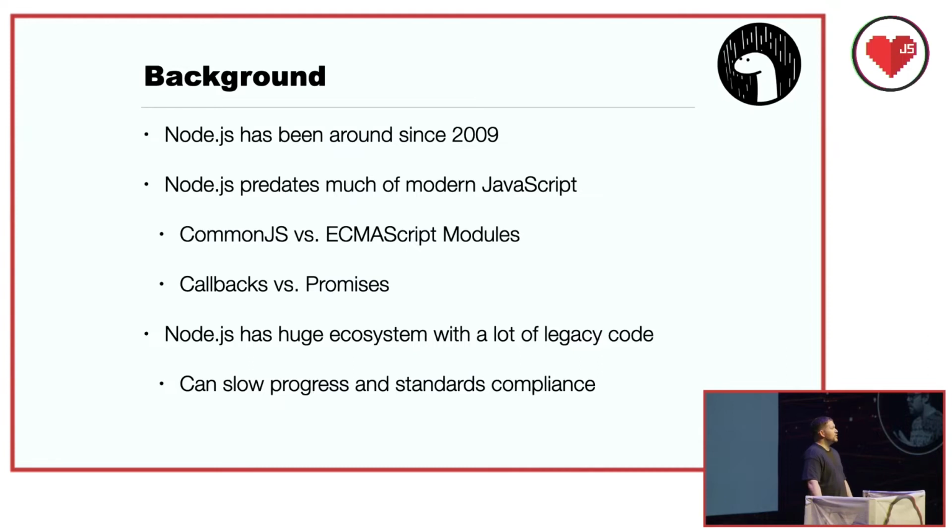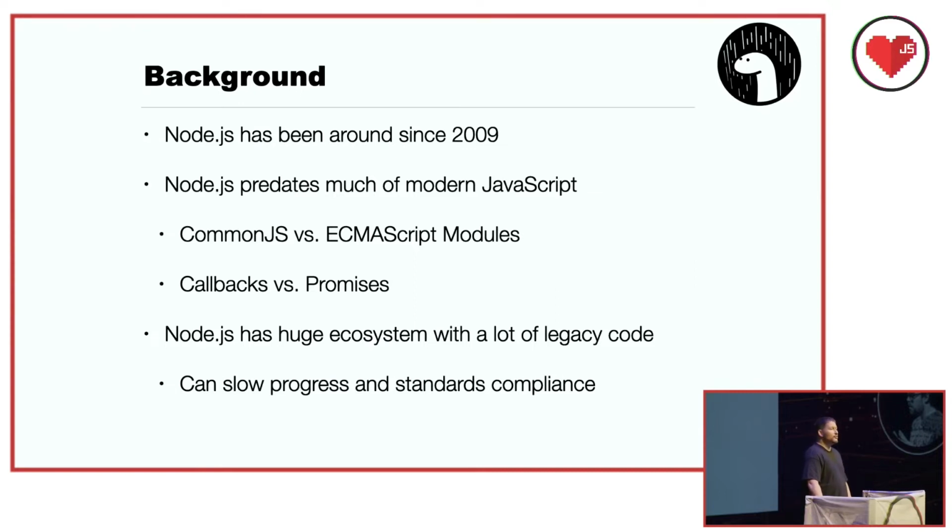And I guess historically, Node had a very minimal core philosophy. So a lot of what you wanted to do was left up to your own devices. You had to go to npm, find modules to install, things like that. And Node has developed this huge ecosystem in the process, but that's both good and bad.